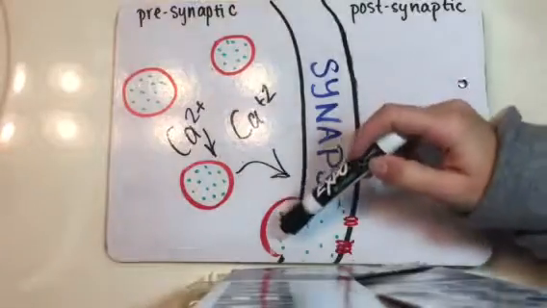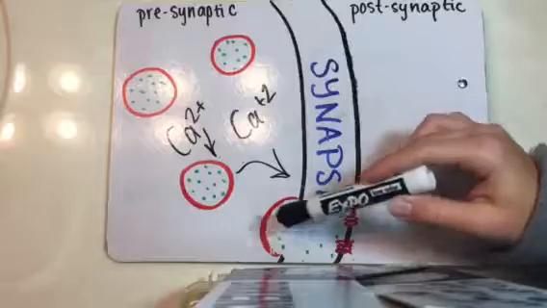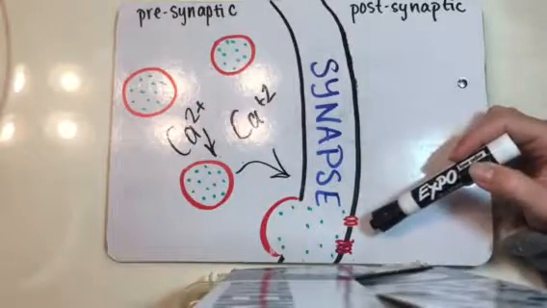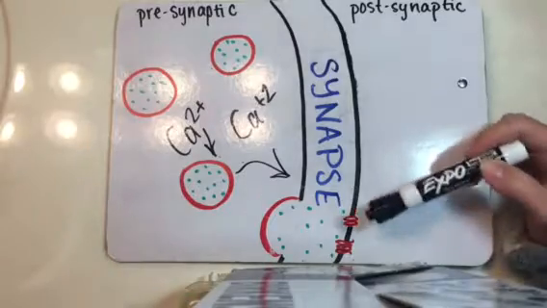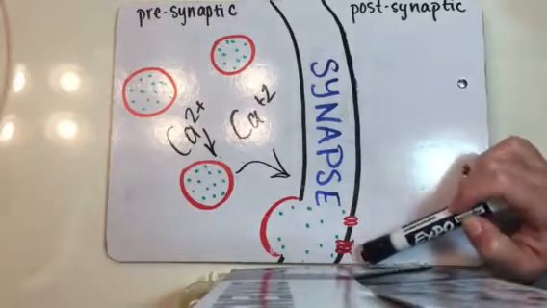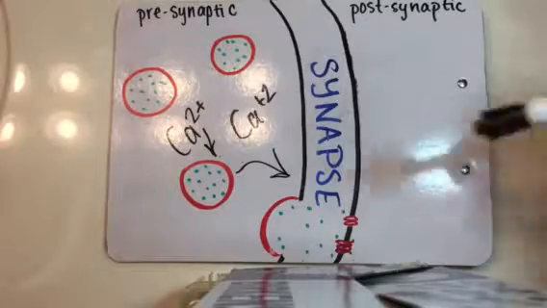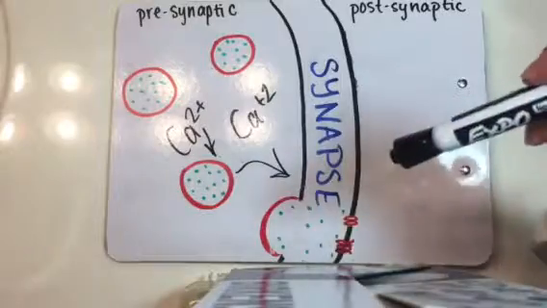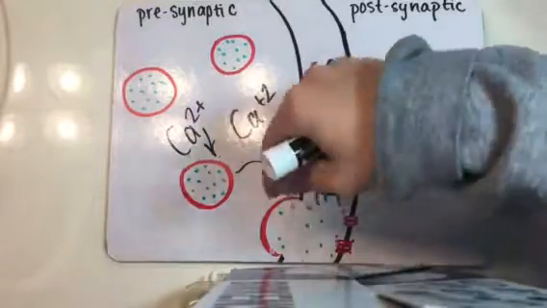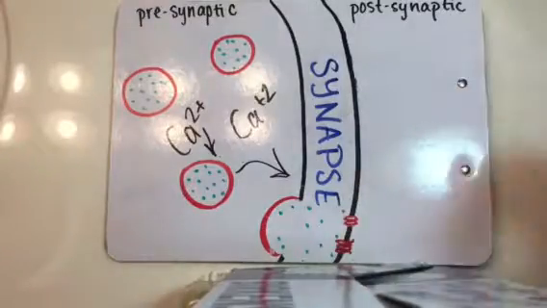And so this vesicle is only going to release one kind of neurotransmitter, but that one neurotransmitter might work with several different postsynaptic receptors. So it might have a G protein coupled receptor. Those are going to tend to be a little bit slower because it'll receive the neurotransmitter, and then activate a G protein on the inside, which goes on to activate a secondary pathway.